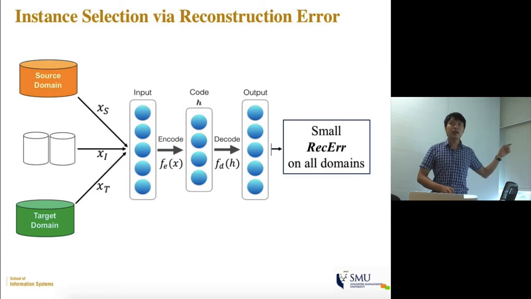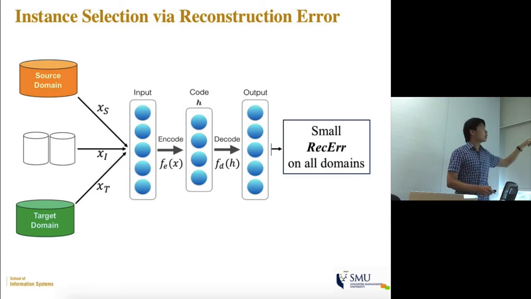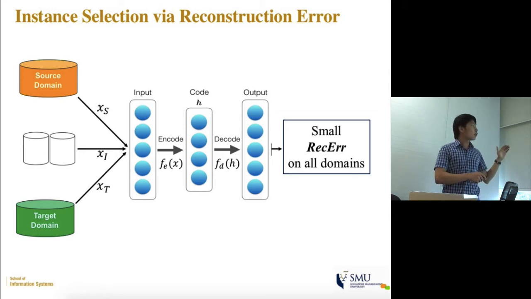Let me say it again. If one instance in the source domain is useful for the target task, then when you feed this instance to the autoencoder, it will induce a small reconstruction error for that source domain instance. And it is the same when you feed the instances from the target domain.